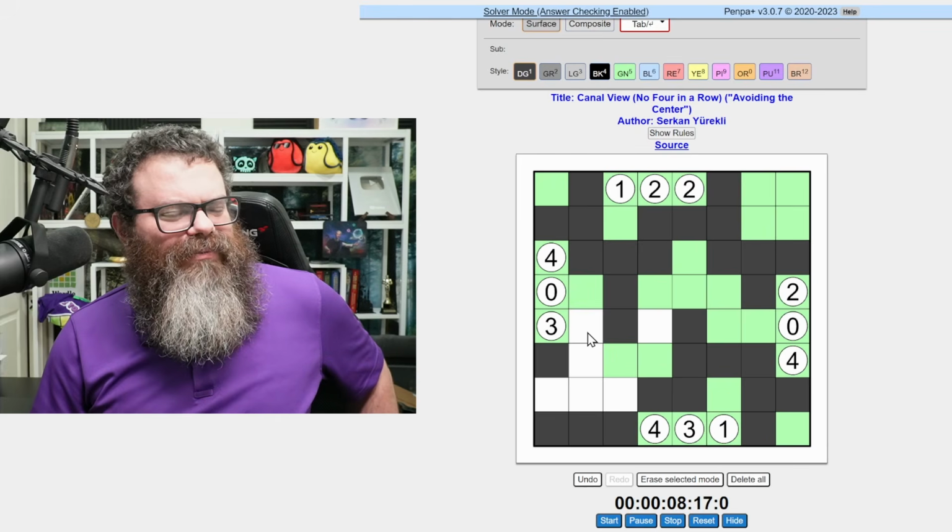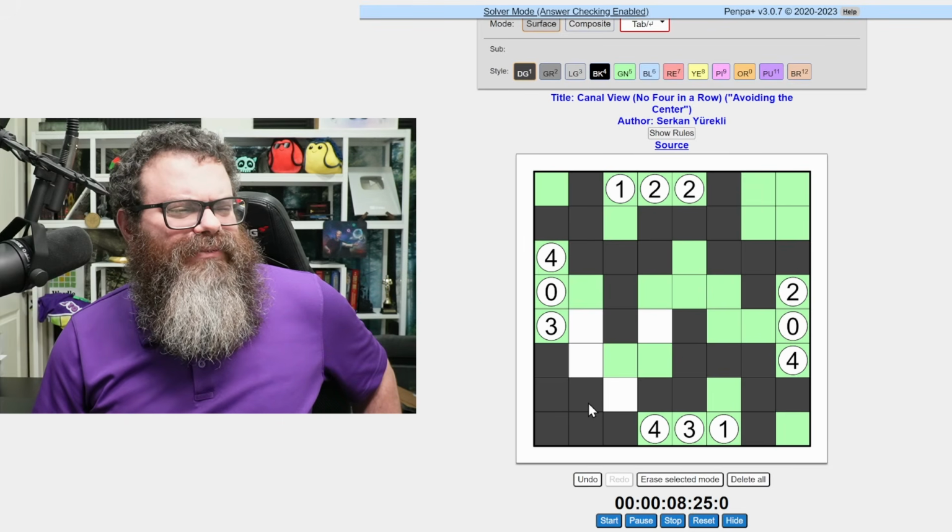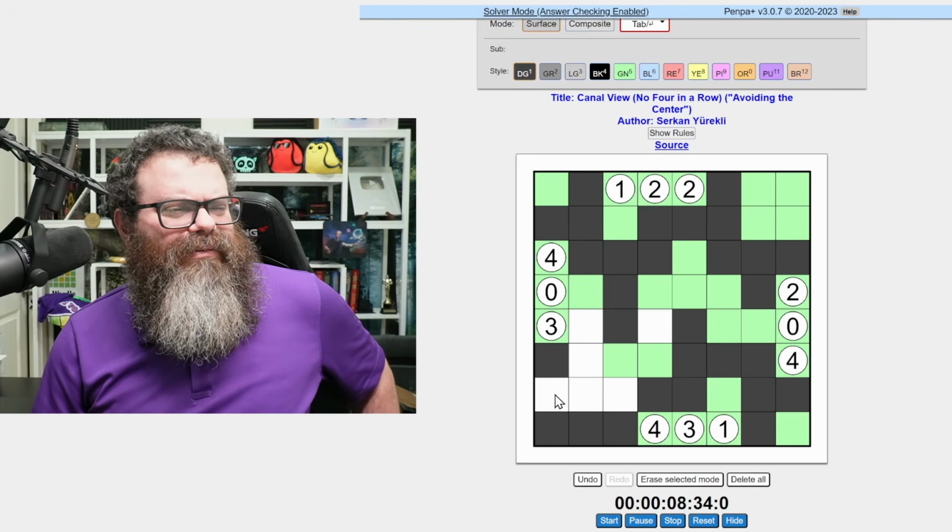Probably a 3 in a row problem. I can't shade both of these. Huh. It makes a 2 by 2. I can't shade both of these because it makes a 2 by 2.